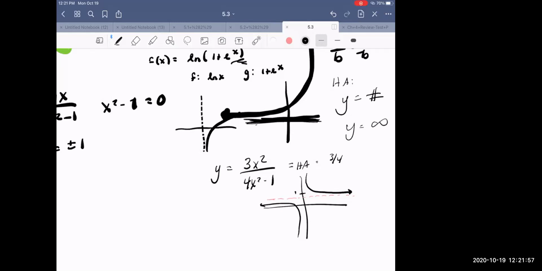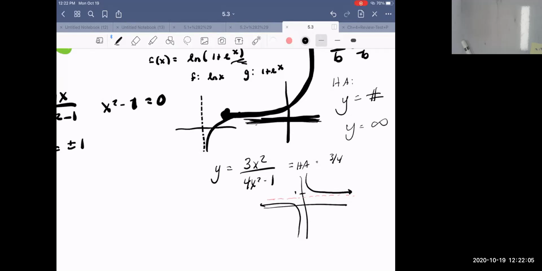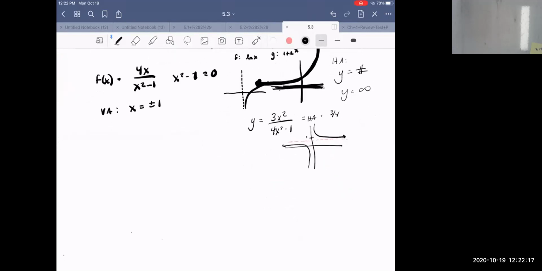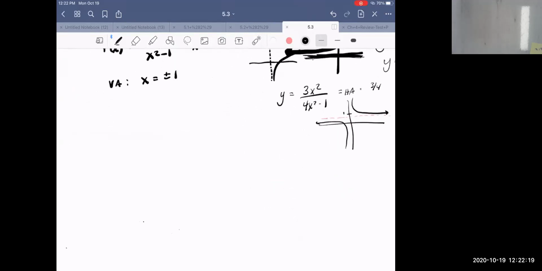Ms. Wilson, for 19, how would you go about finding the horizontal asymptote? Like this. You do have x in the bottom, right?